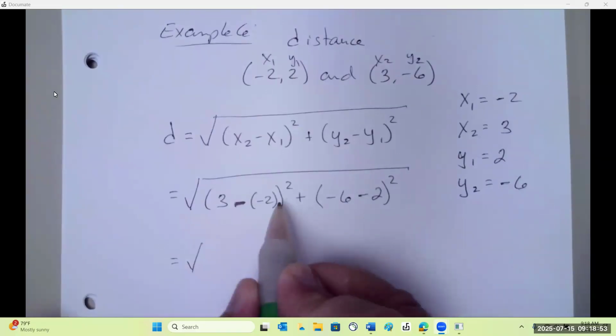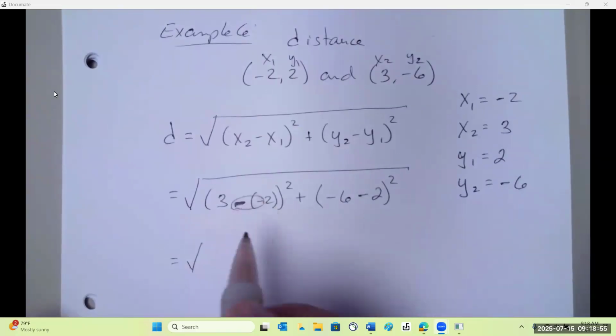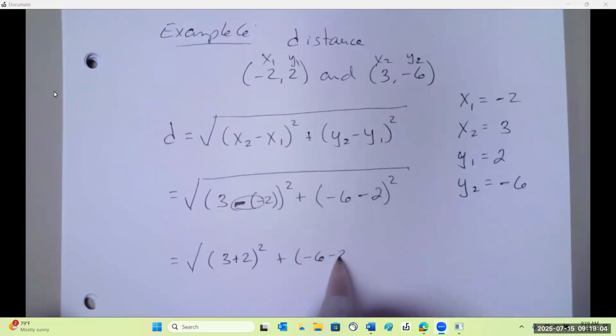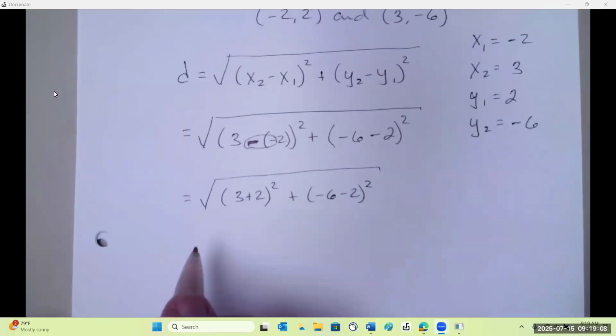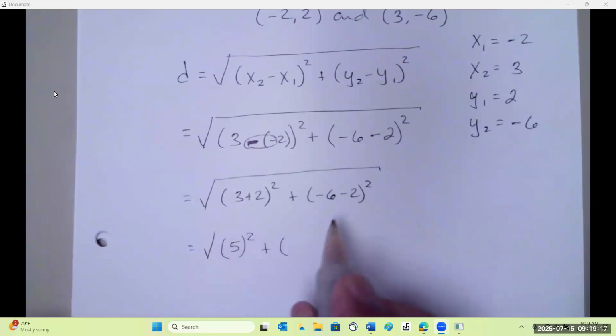So I simplify. I got two negatives next to each other. Negative times negative is a positive, so it becomes a plus. Three plus 2 is 5. And -6 minus 2, they're both negative, so the answer is negative. So we add 6 plus 2, which is 8.